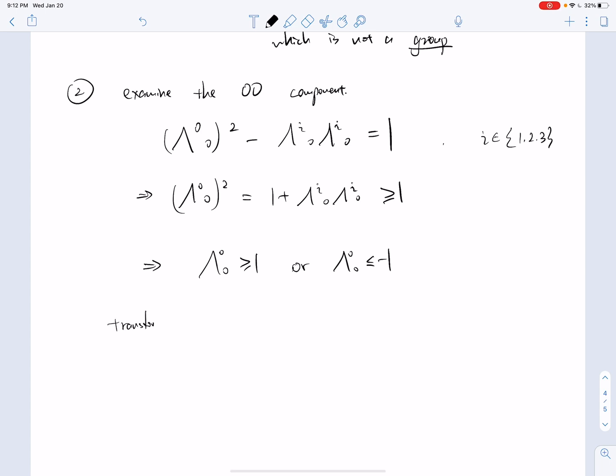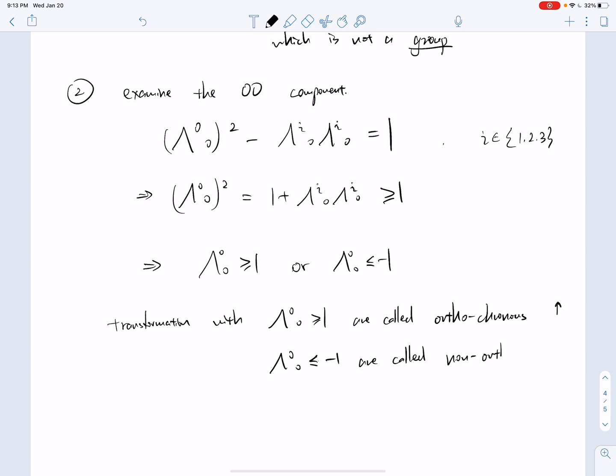Transformations with 0,0 component greater than or equal to 1 are called orthochronous, and normally we use an upper arrow for them, and those with the 0,0 component smaller than or equal to minus 1 are called non-orthochronous, and we give them a down arrow.